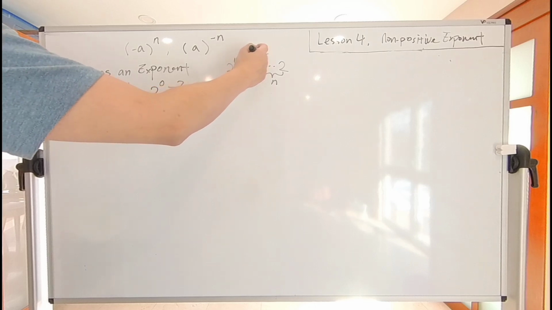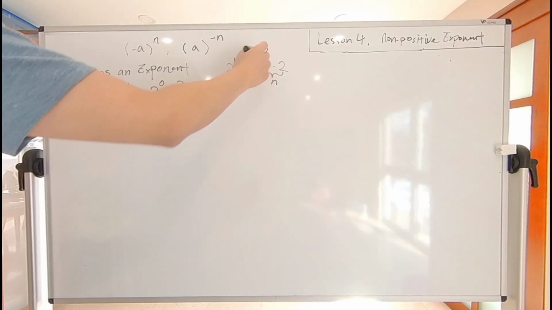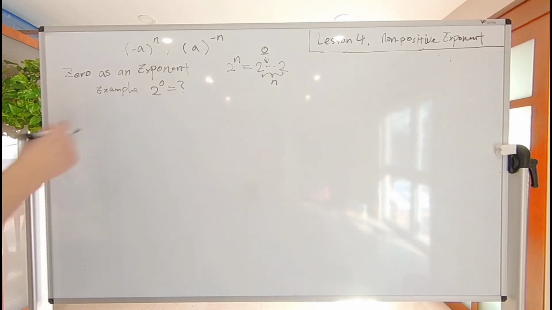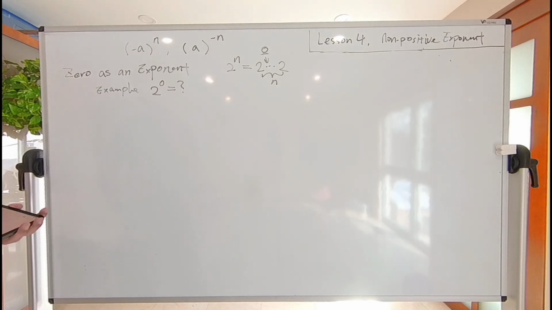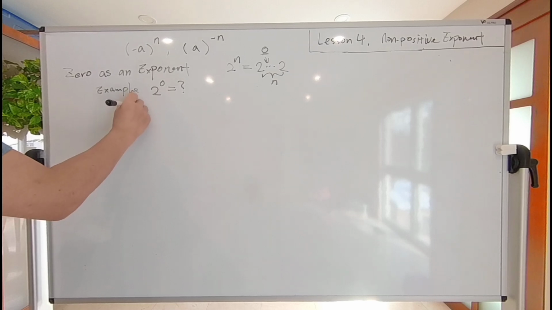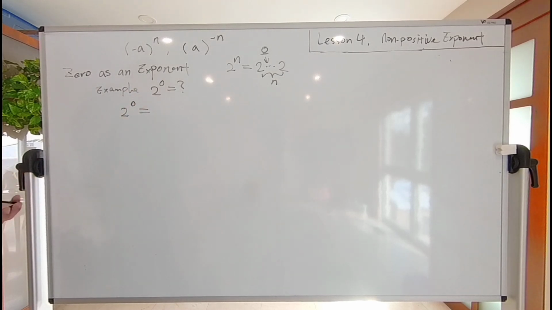There are 0 terms over here, so what happened? Here we actually cannot go from the definition in the beginning. Here we need to first form a quotient of power.